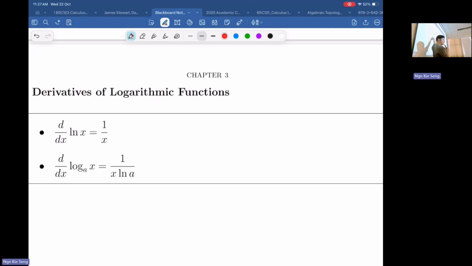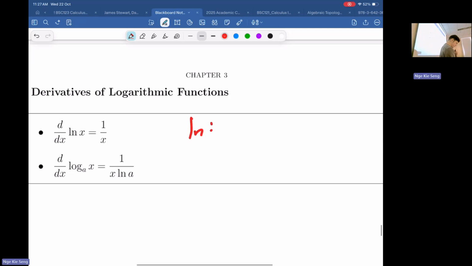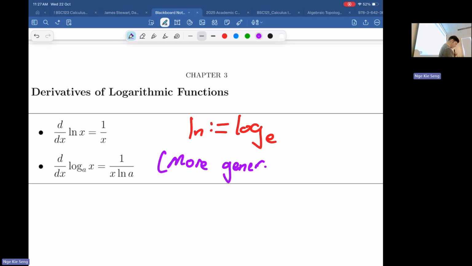What's the definition of ln? ln is log base e, right? So if you put e into the second formula, 1 over x ln e. What's ln e? 1. So 1 over x. So the second one is a more general formula. If you remember the second one, then automatically you get the first one.